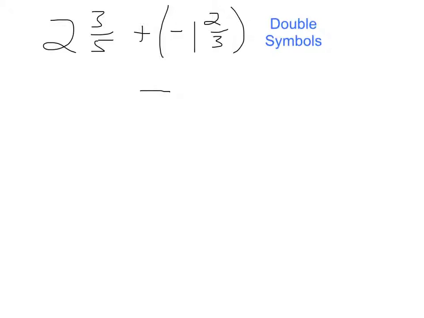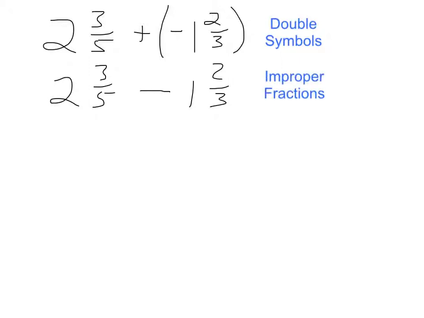So the next thing we want to do is deal with our mixed fractions, or mixed numbers. We have 2 and 3/5. Now we minus the 1 and 2/3. What we want to do is convert these to improper fractions. An improper fraction is when the numerator is greater than the denominator.